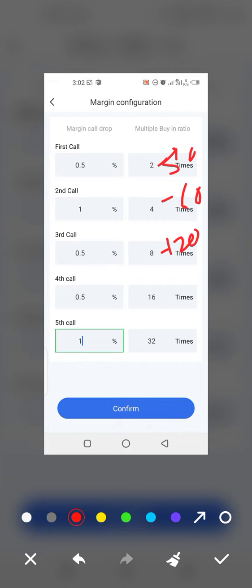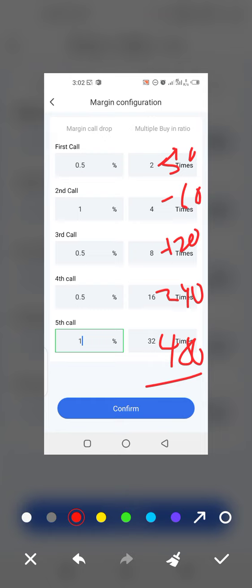Then the fourth margin call will be 15 times 16, which is 240. Then this last one will be 15 times 32, which is 480.